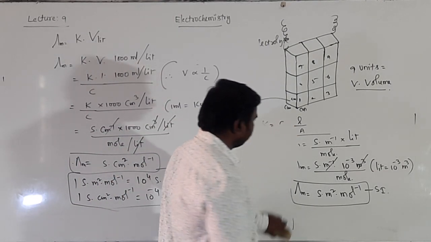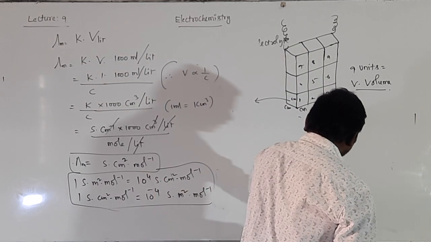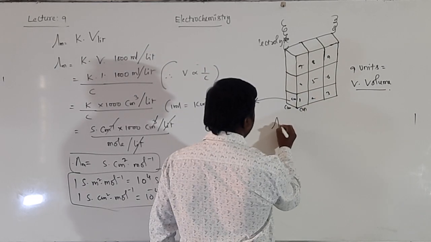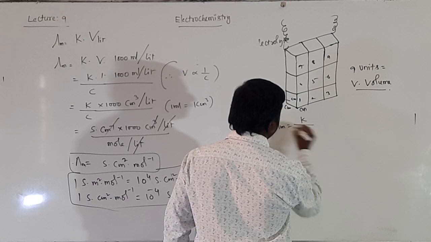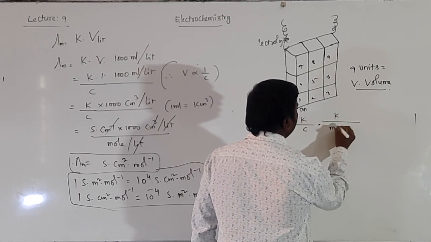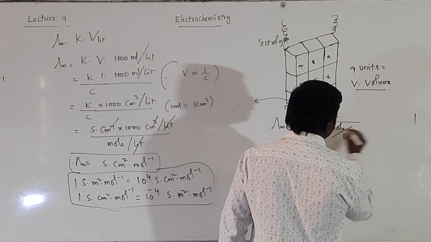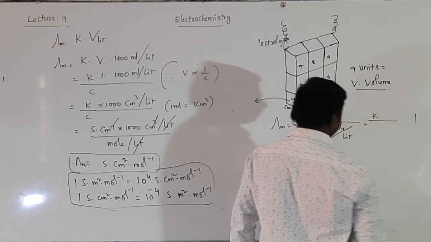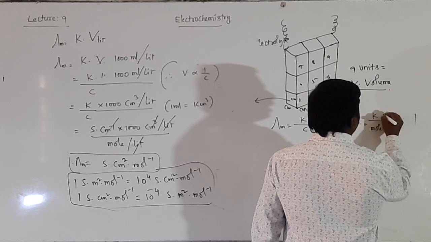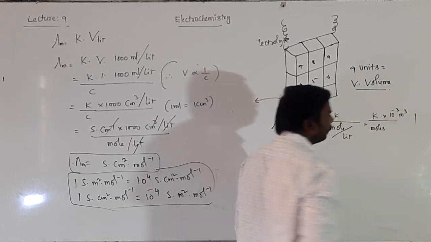So I am writing now. Here the formula in SI units and both units I will write. Lambda m equal to K by C. It is equal to K by mole concentration per liter. It is nothing but K by concentration moles into 10 to the power of minus 3 meter cube.